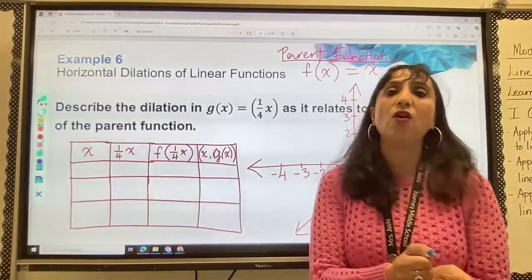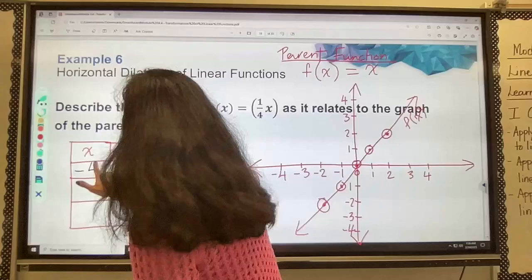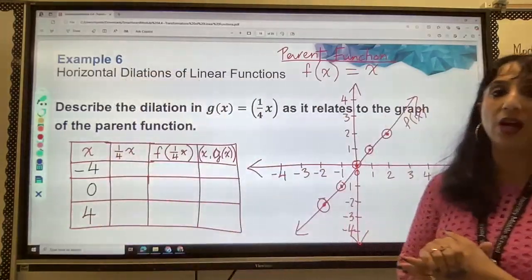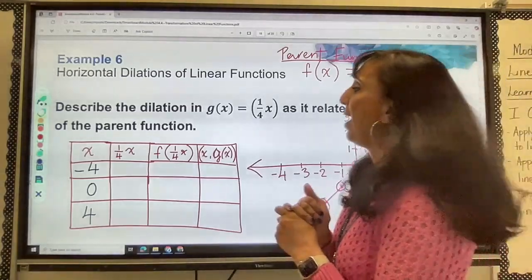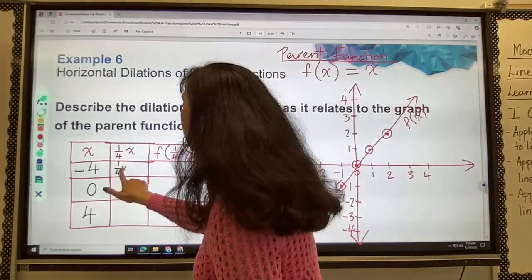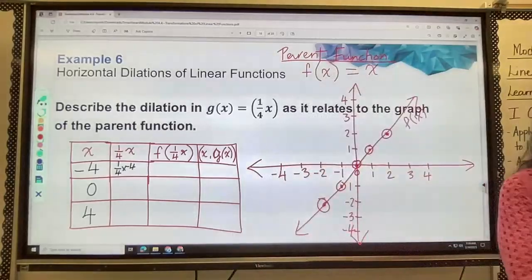So I'm going to go ahead and take -4. This is -4 as x. I'm going to take 0 and I'm going to take 4. Here are 3 values that I have taken over here. And so now when I do 1/4 x, I'm doing 1/4 times -4. What do I get in this case?